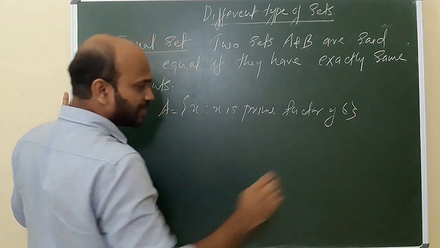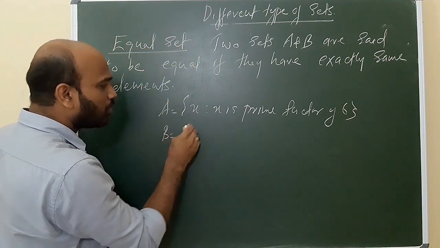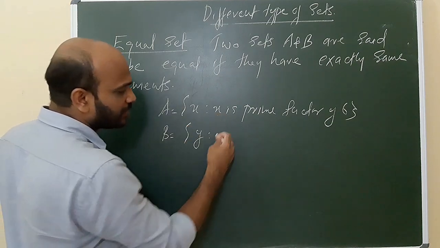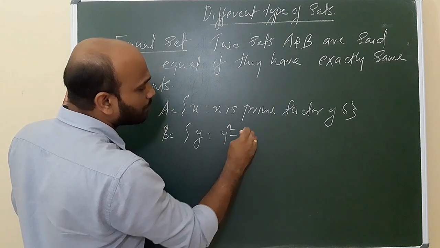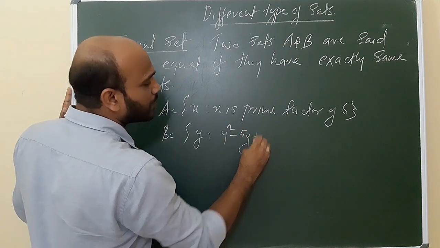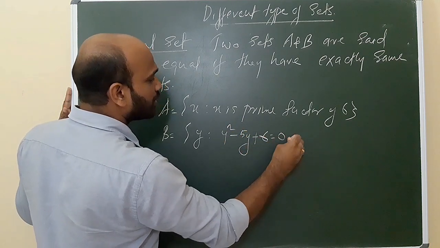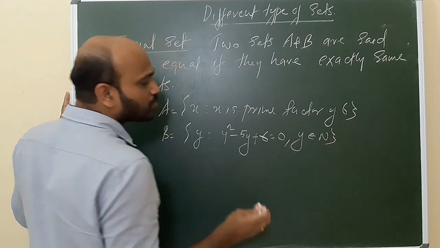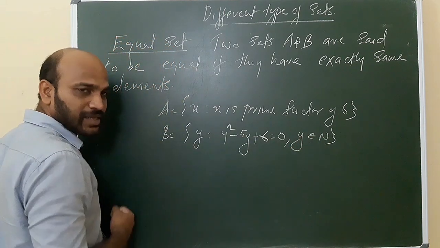This is the first set. Let B equal another set, that is the set of all y such that y square minus 5y plus 6 is equal to 0, y belongs to N. That means all natural numbers satisfying this condition.